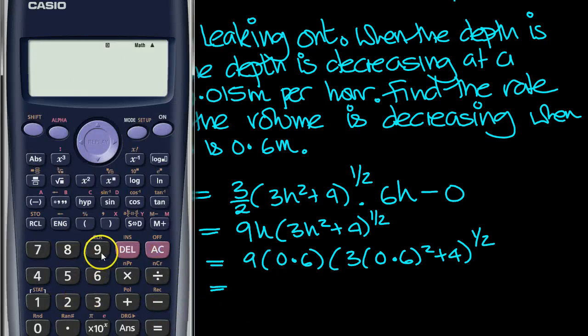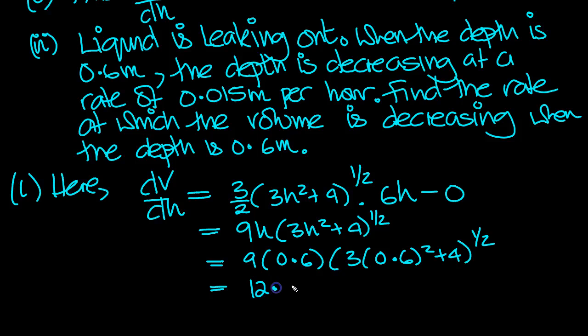So it's 9 times 0.6 times the square root of 3 times 0.6 squared plus 4. It's all in the square root bracket, equals, let me get 12.17. 12.17, and that was to 2 decimal places. So that's what we got there then.